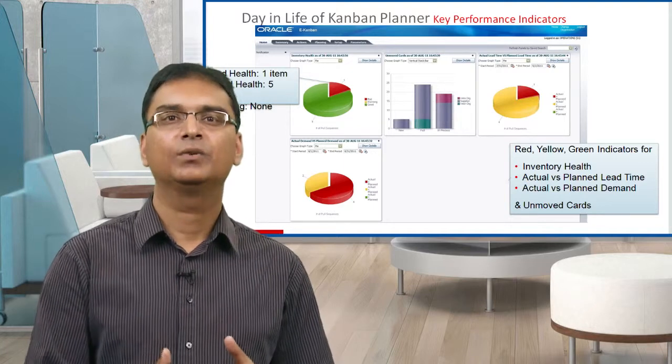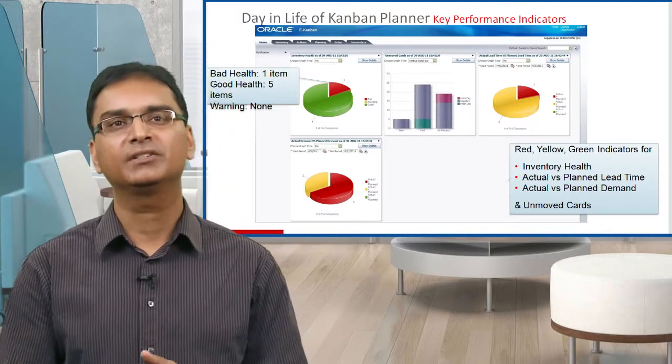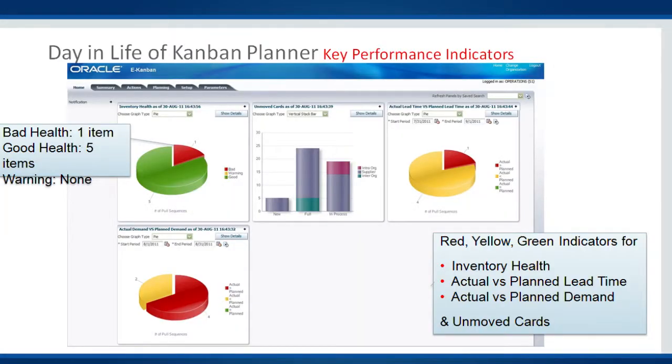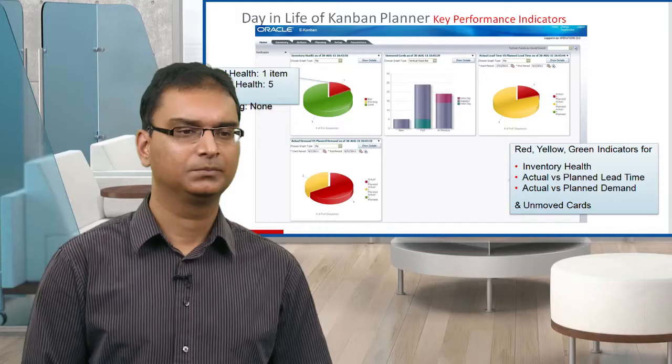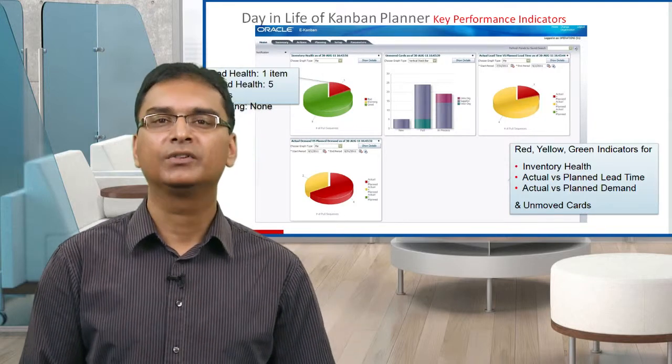Green is where you want to be, in which case you are not carrying too much or too little inventory. If you're carrying less inventory, it's categorized under red. And if you're carrying too much inventory, which in a Kanban system is also not a healthy situation, it would show up as yellow.